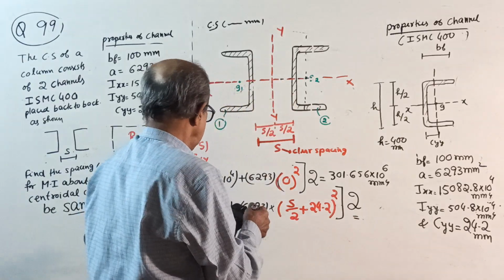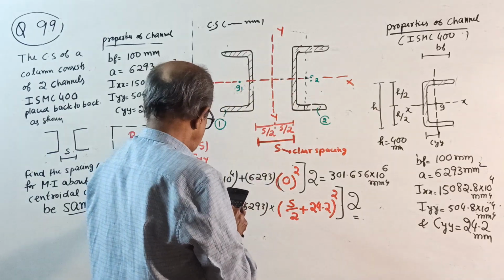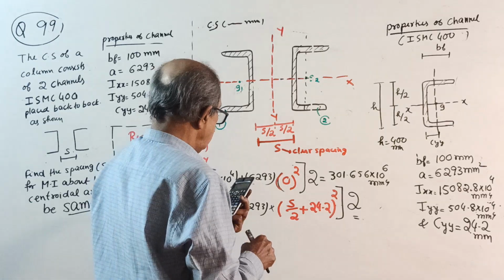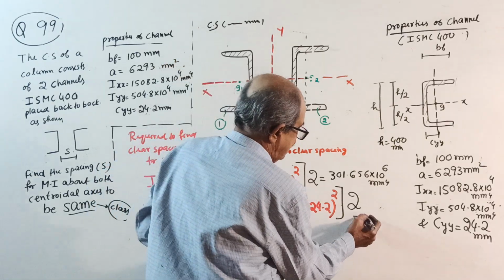When you calculate, first a number will come: 504.8 times 10 to the power 4 into 2 is 10.096 times 10 to the power 6.